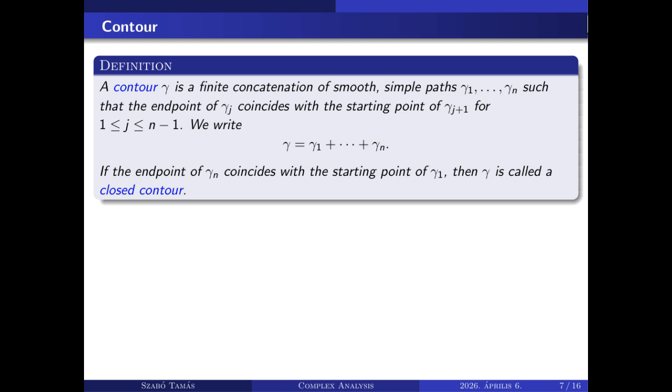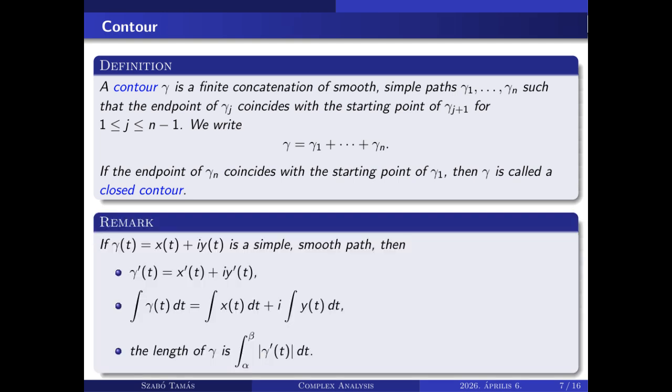If the endpoint of gamma n coincides with the starting point of gamma 1, then gamma is called a closed contour. If gamma of t equals x of t plus i y of t is a simple, smooth path, then its derivative is gamma prime of t equals x prime of t plus i y prime of t.